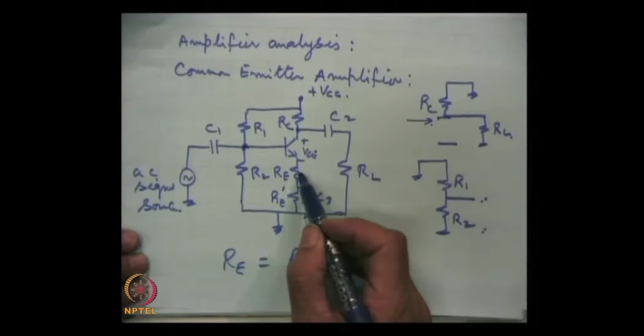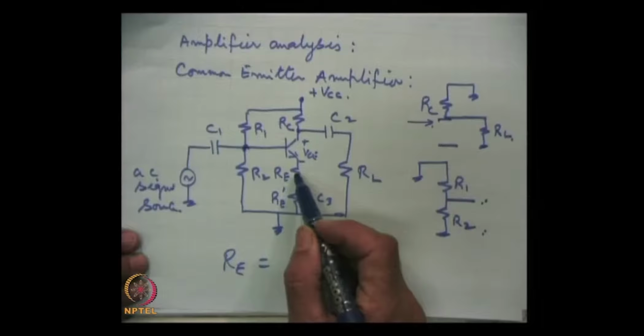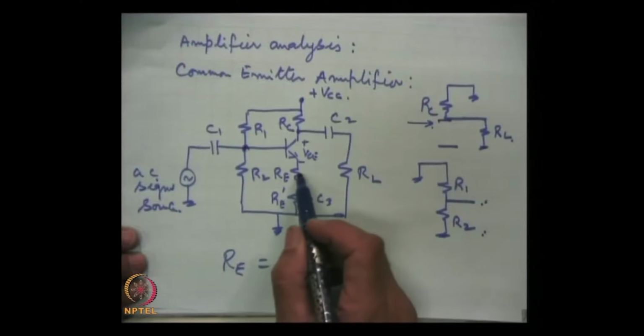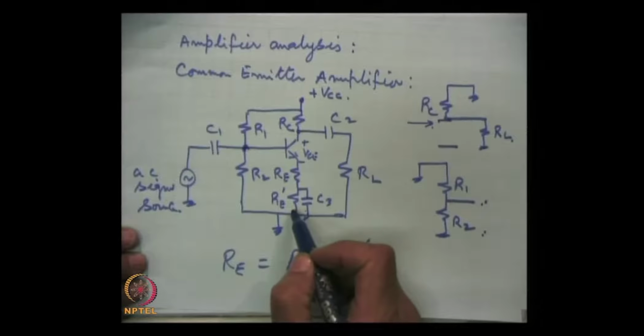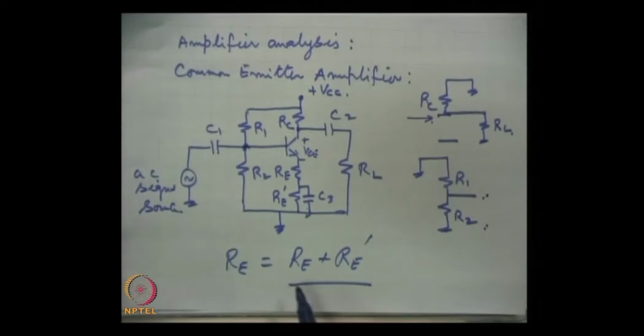This may be small as compared to this, but not small enough in comparison with the dynamic emitter resistance. So, for example, it may be 200, this may be 800 and so on. That is the best way, and this design feature is often incorporated in the amplifier design by the manufacturer.